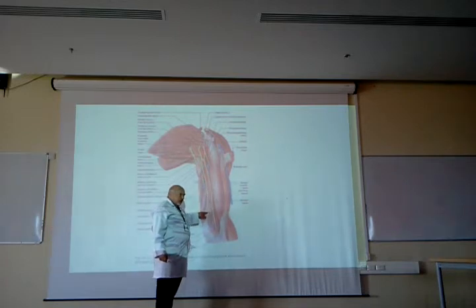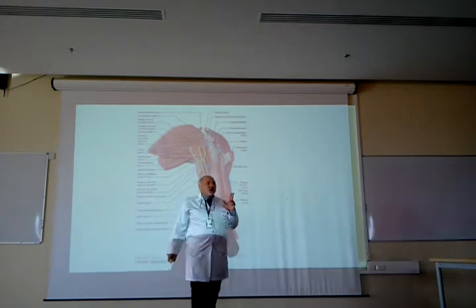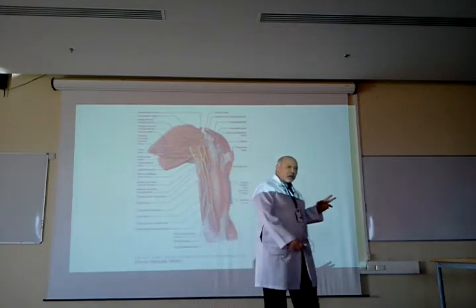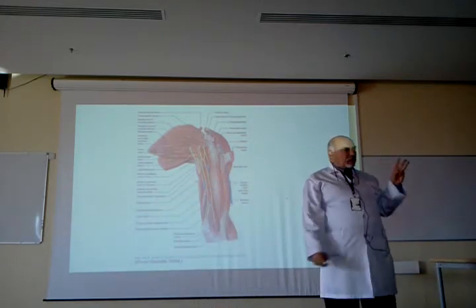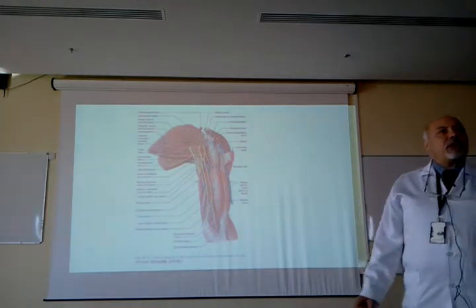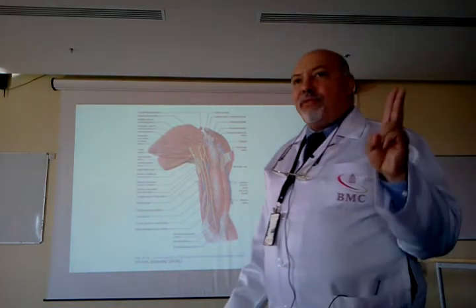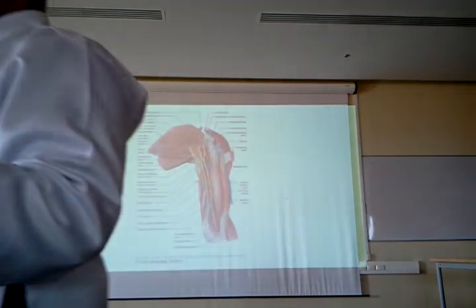While the posterior division of the inferior ulnar collateral artery is 5 centimeters above the medial epicondyle. So the nerve is accompanied by 2 arteries: the superior ulnar collateral artery and the posterior division of the inferior ulnar collateral artery.